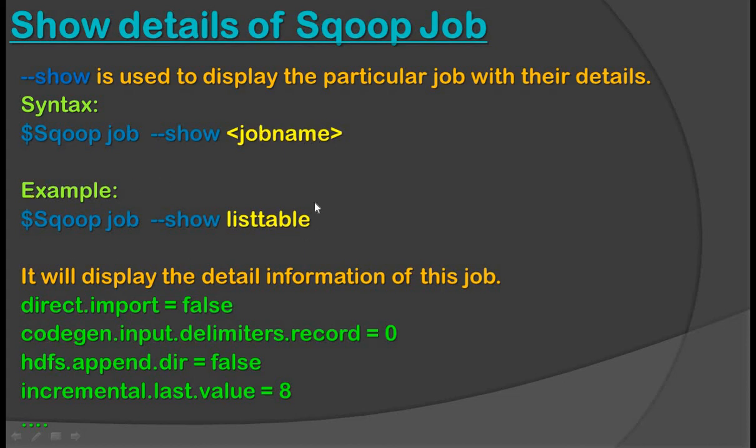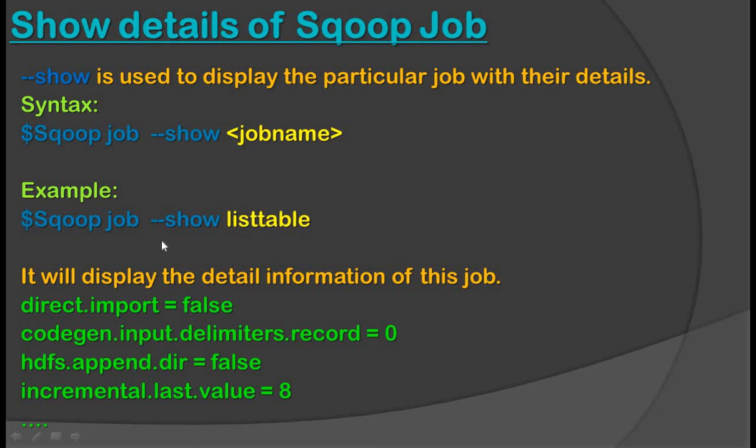And this is the example: sqoop job --show list table. When we press enter, it will display all the details about the list table job.